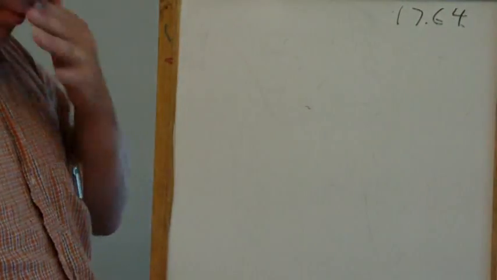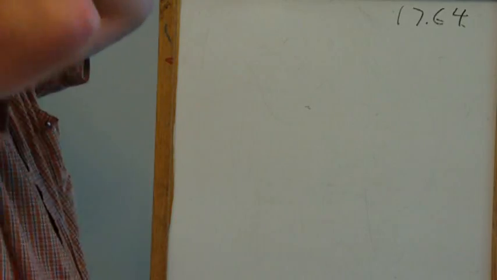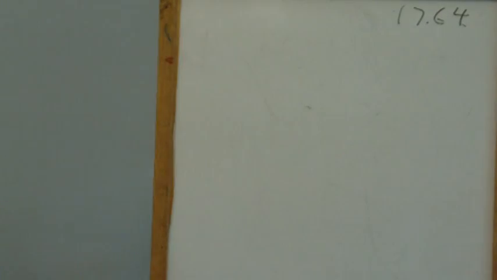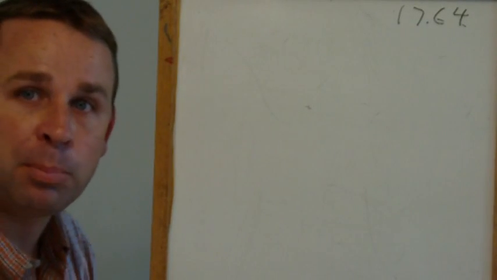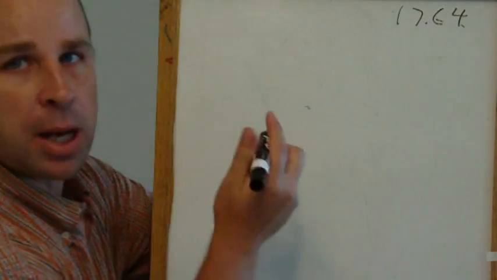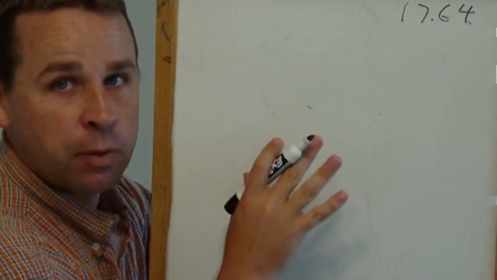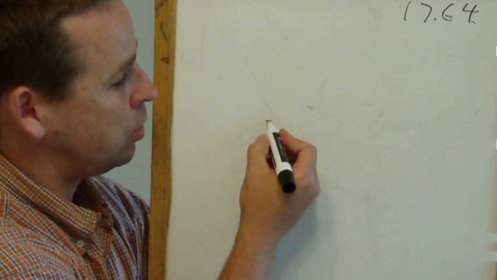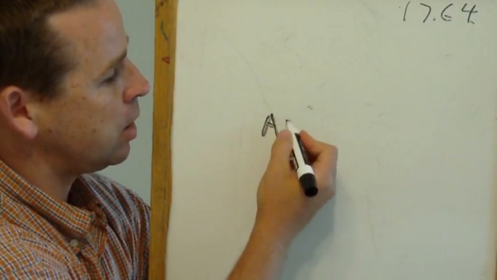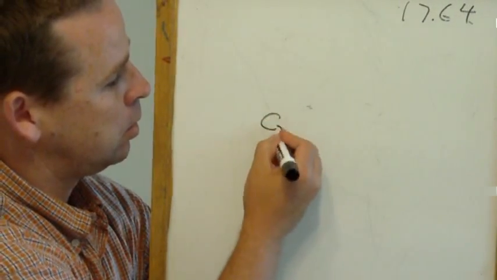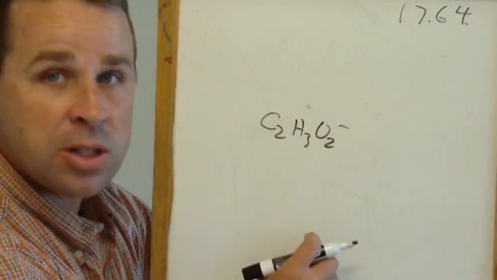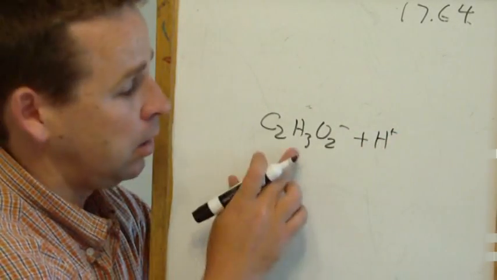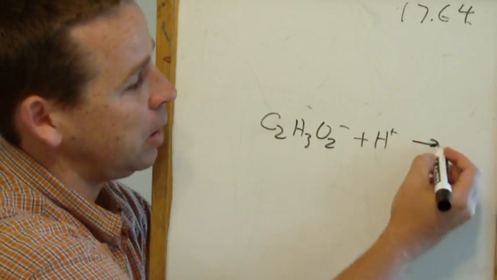So 1764. We mentioned that if the Kb is a smaller value, then it's a weaker base. And we can think about it this way, right? The Kb for a base is such that, so this will be the acetate ion, okay? There's the acetate ion acting as a base to pick up a proton, forming acetic acid, C2H3O2H. So it's acting as a base, picking up a proton.